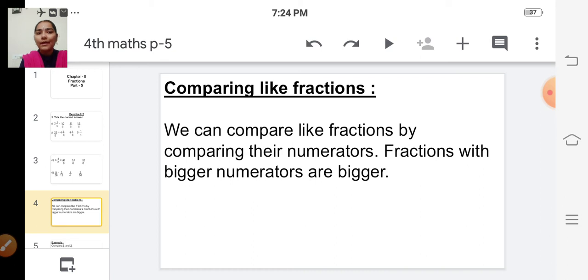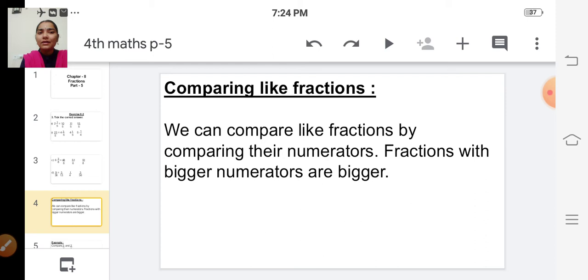In like fractions, denominators are same, only numerators are different, so based on the numerator we can compare. So let's read: we can compare like fractions by comparing their numerators, only numerators, because denominators are same.